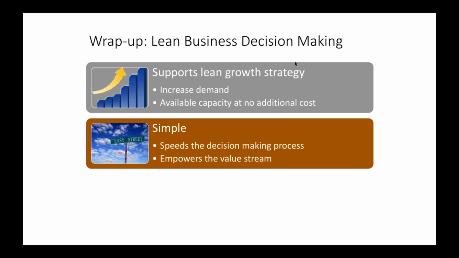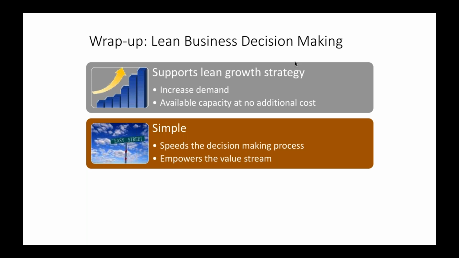The box score is pretty simple. The numbers are there, they're reported on a weekly basis, there's standard work behind the numbers. So if you're using the box score, you can actually speed up your decision-making process. You don't have to create a unique analysis for every different type of decision. It also empowers the value stream because they're part of the decision-making process.